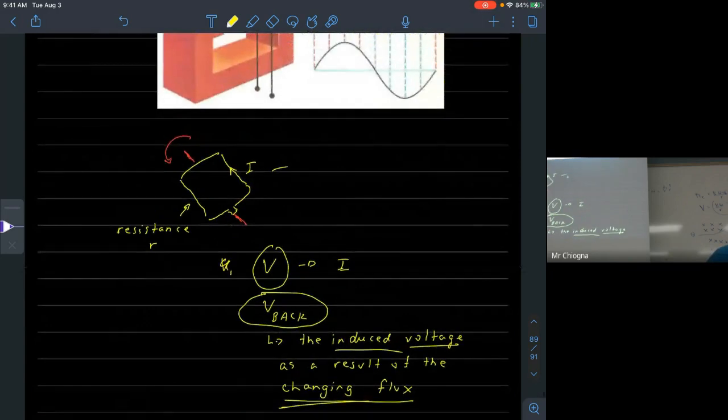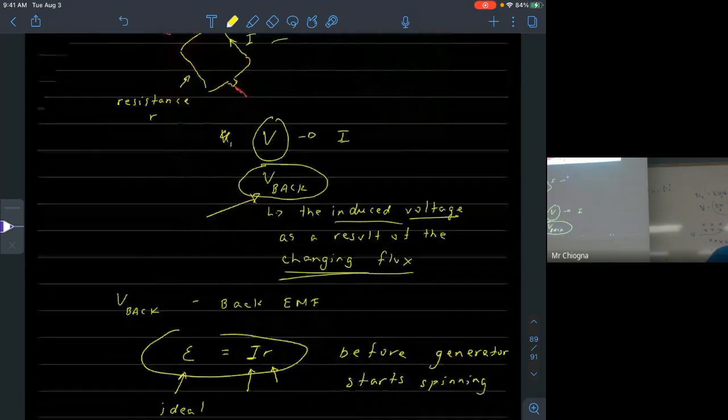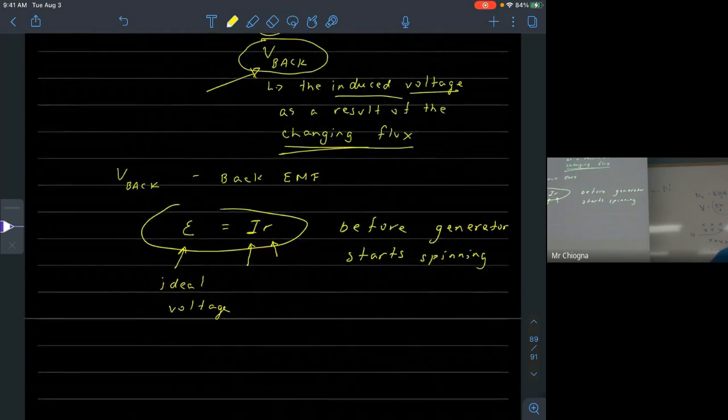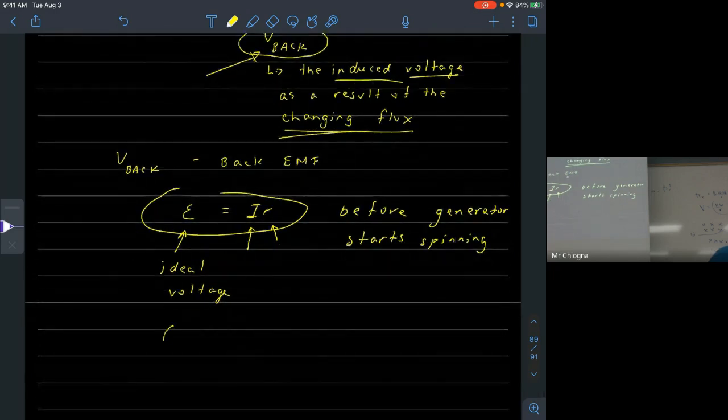You're going to get a voltage generated, a back EMF. And that is going to subtract from the ideal voltage. So you got the ideal, and you're going to get a back EMF that subtracts from it.